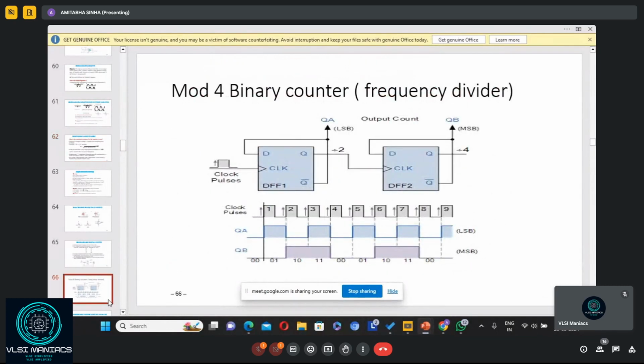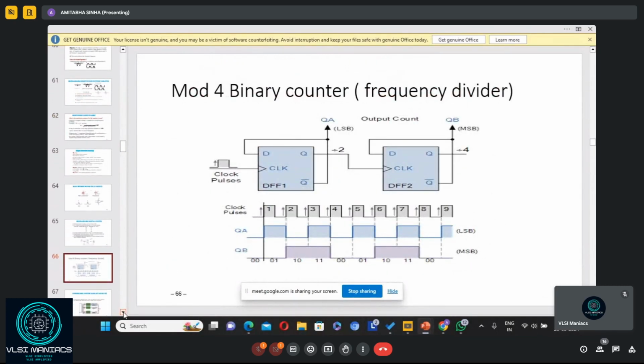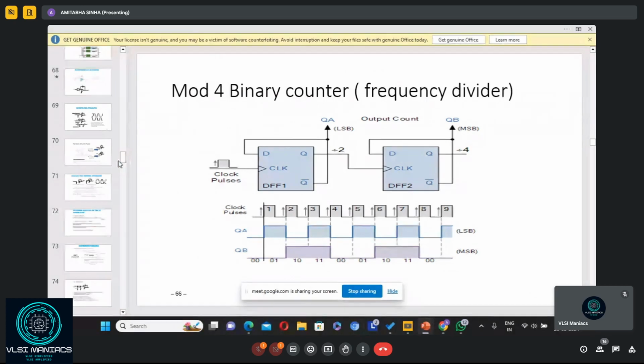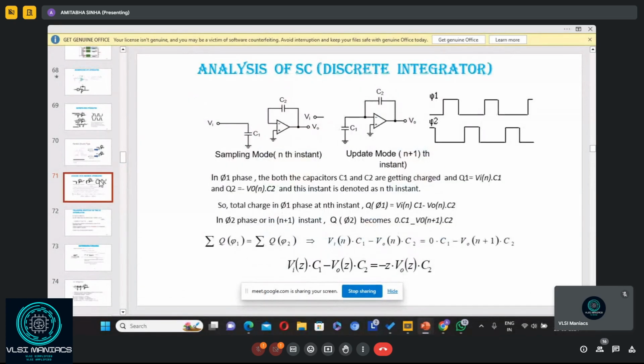I don't know how you have learned to design an analog circuit, but I'm telling you my way of designing an analog circuit.